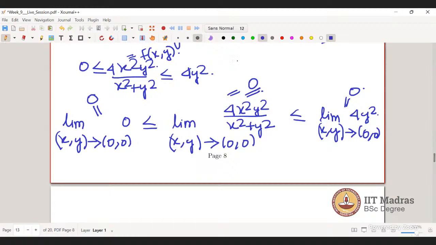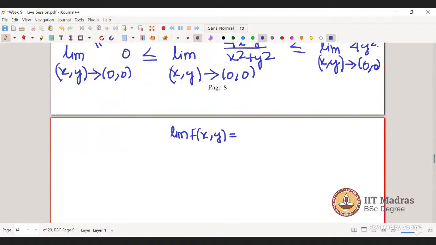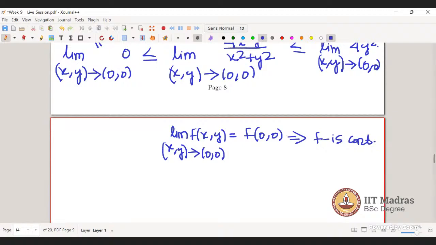If the limit of the function is the same as f of 0, 0, then you can say that f is continuous. It is the same definition as in the case of one variable: if the limiting value is the same as the value of the function at that point, then the function is continuous.